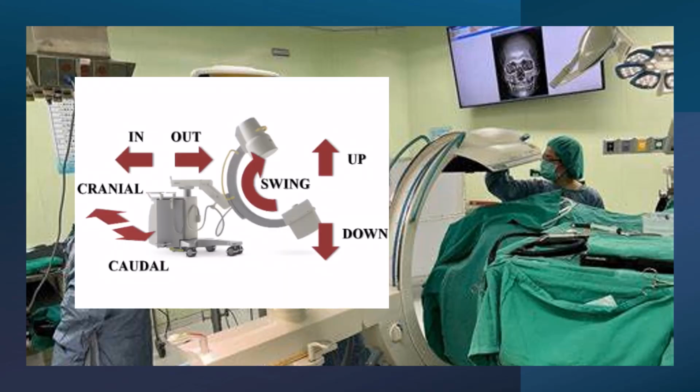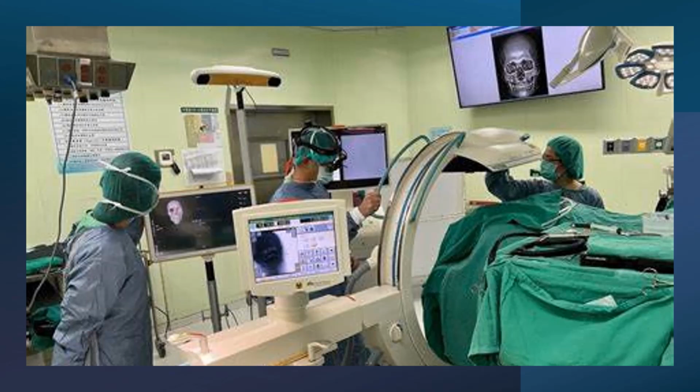The movements and adjustments built into the C-arm system allow it to be oriented in almost any direction, giving a wide range of flexibility and the ability to center in different areas. However, there are limits to this flexibility and range.